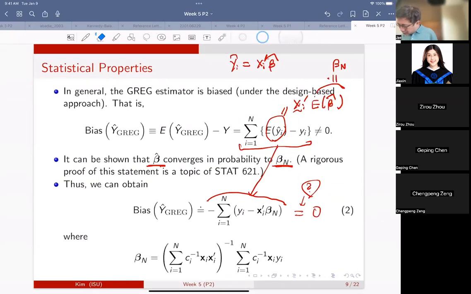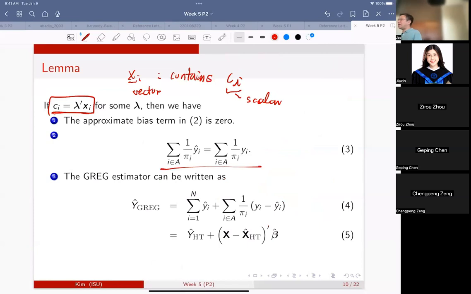Or c_i is x_i prime lambda. Under this condition, our residual will be 0. The sum of the residuals will be 0 at the population level, and also the residual will be 0 at the sample level.